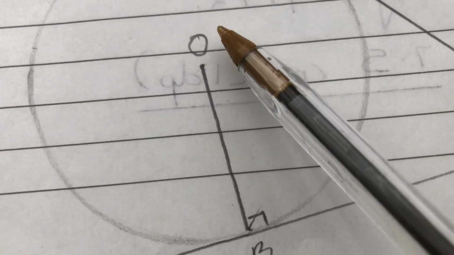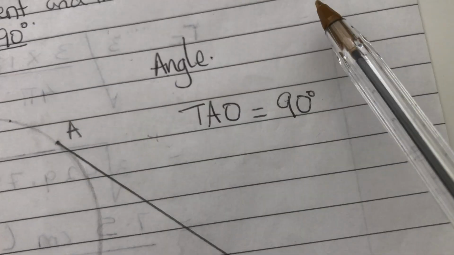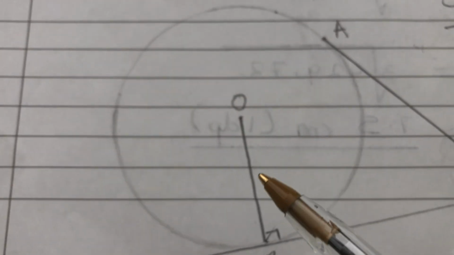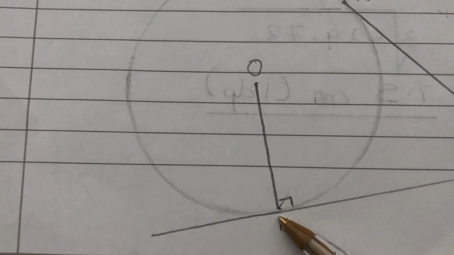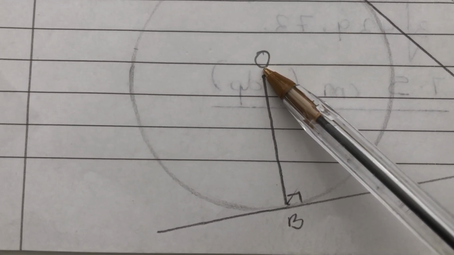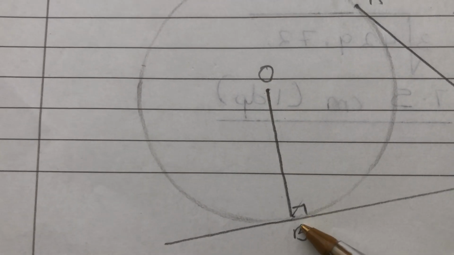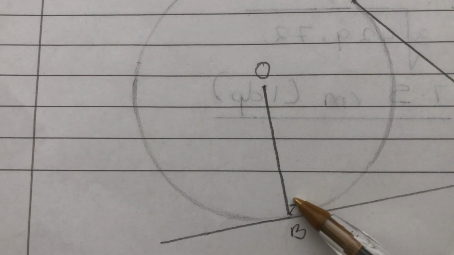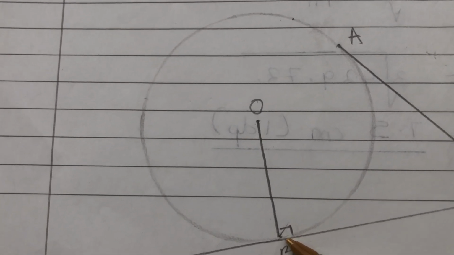Now the angle between a tangent and a radius drawn to the point of contact is 90. So this is what they are saying. So that is a tangent to the point B. That is the radius. If you connect the center to the tangent, that angle is always 90 degrees.